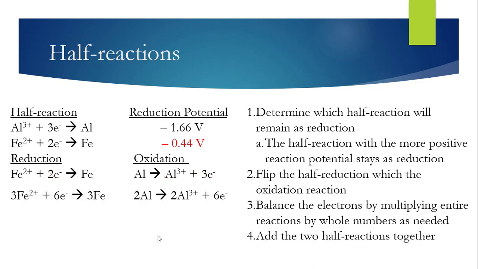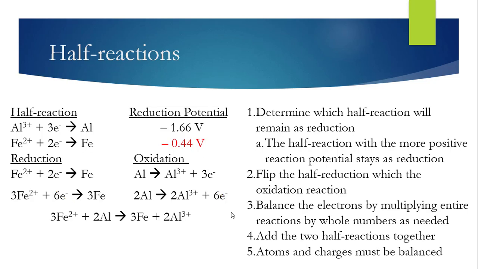Now I'm going to add the two half reactions together, and once again you note that these 6 electrons cancel out these 6 electrons, and you get something that looks like this. Now we just need to check the atoms. 3 iron, 3 iron, 2 aluminum, 2 aluminum. 3 times 2 is the same thing as 2 times 3. This is balanced properly. So this is the correct overall reaction.